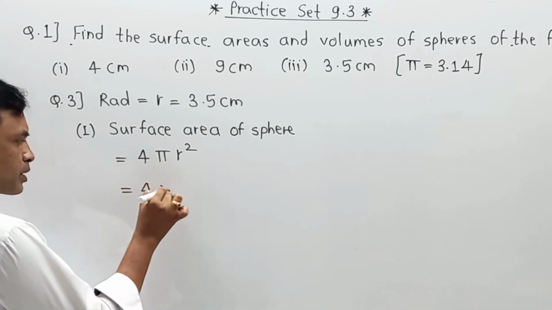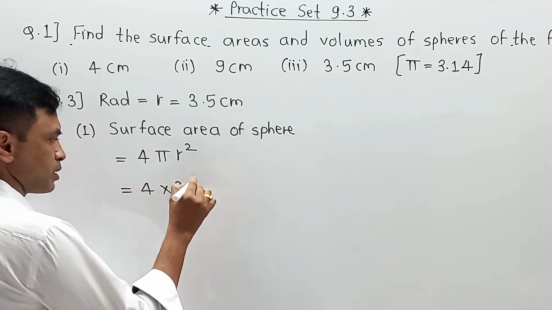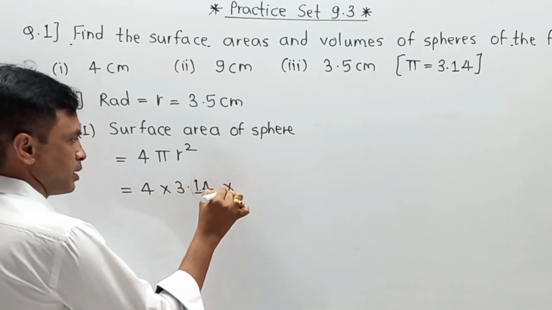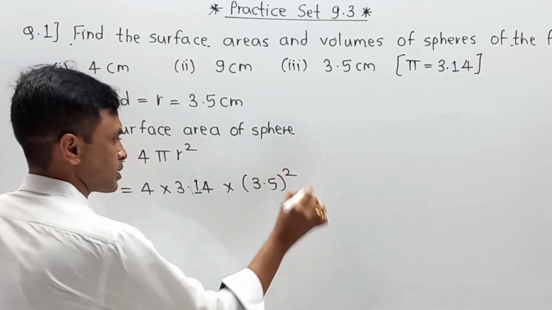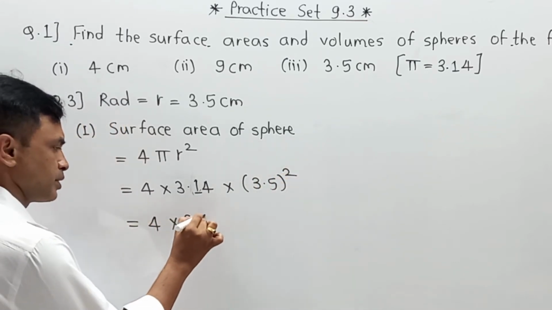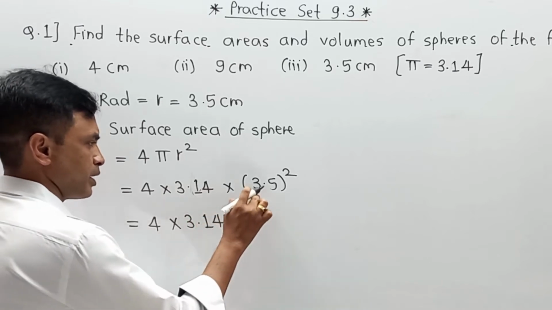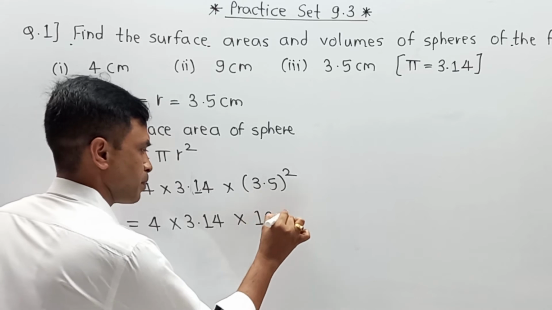So here 4 into pi, 3.14, into r square, r is 3.5 bracket square. Simplification: 4 into 3.14 into 3.5 bracket square, so it becomes 12.25.